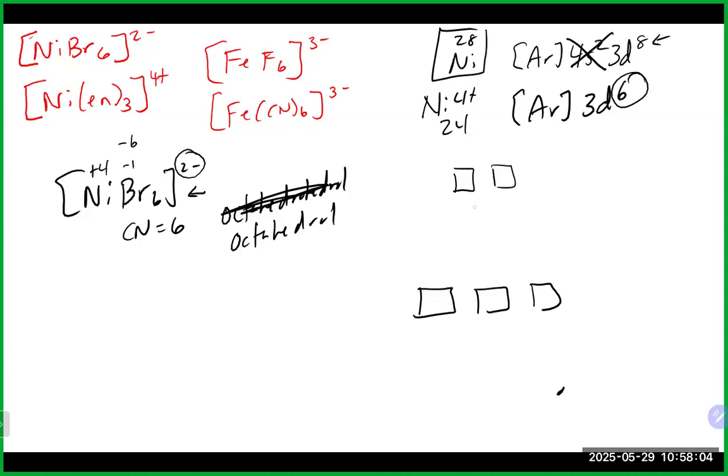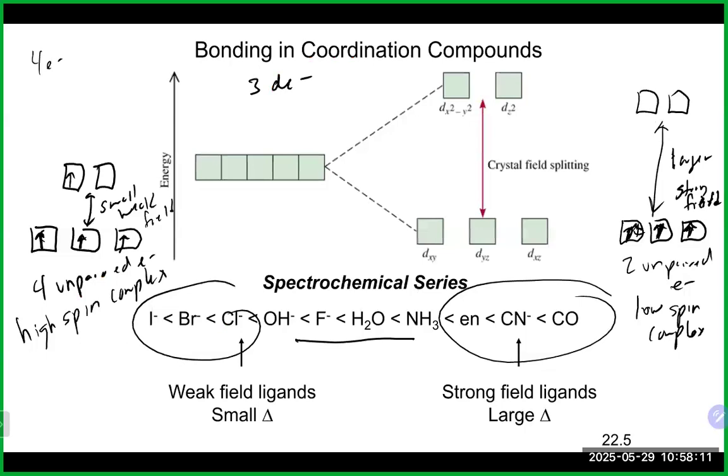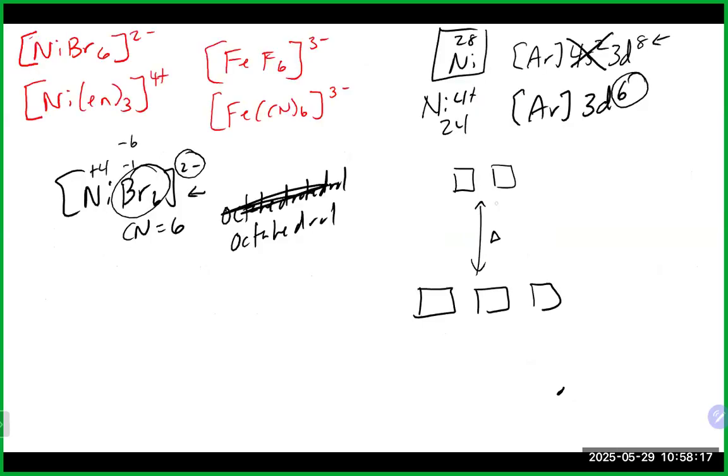Now, what determines if this crystal field splitting is going to be large or small is the ligand that's present. And if we come over here, we see Br is over here on the weak field, which means this is going to be small crystal field splitting. This is going to be a weak field.